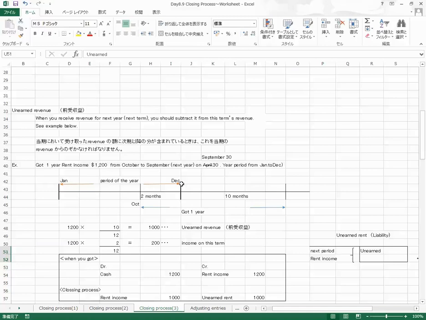And some is May to April. So it depends on each company. Some countries like Myanmar, the government sets the term. In Myanmar's case, it begins in October and ends in September. So please confirm your country's situation.